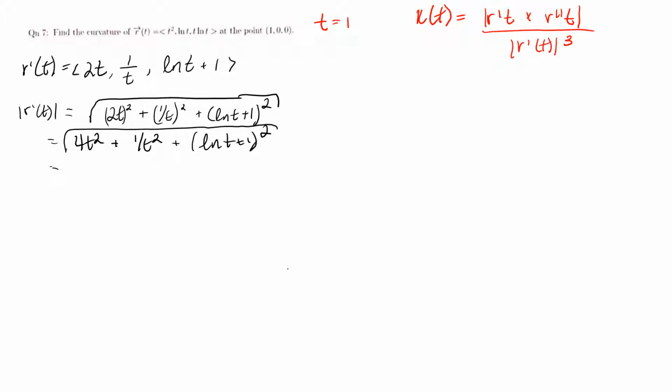After factoring out, we get ln squared t plus 2 ln t plus 1.